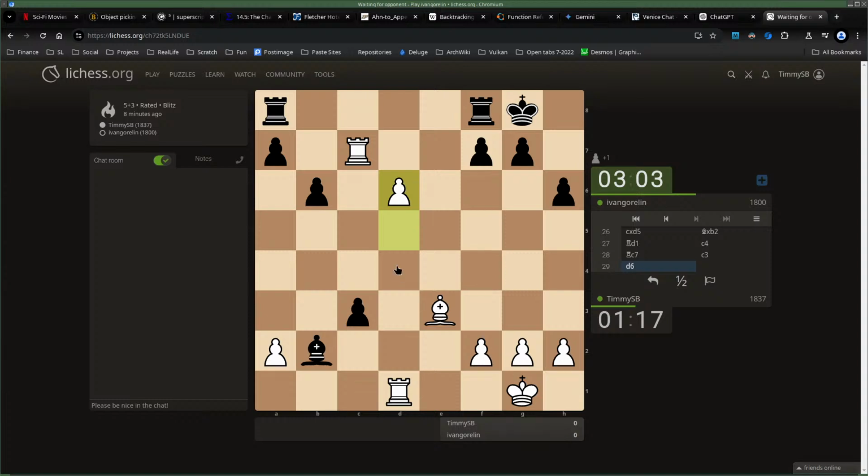Maybe this is a good move or not? Trying to take here. No, not any longer a good move. Maybe now.